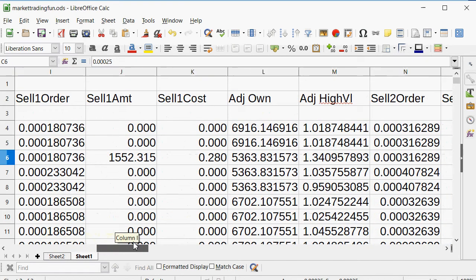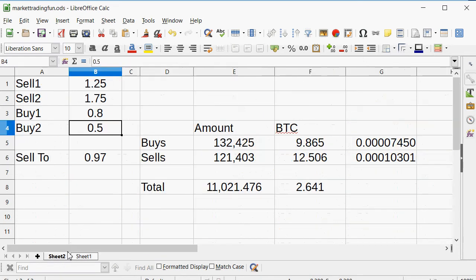And we can see in here that it sold 1,552 at the 0.28, because we want to sell at the 125, and it needs to sell 3 basis points more.